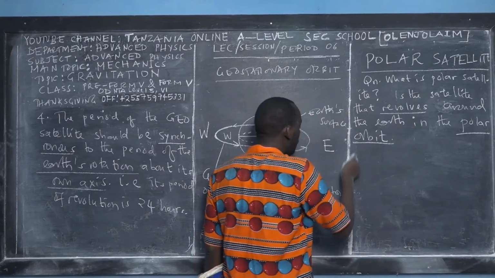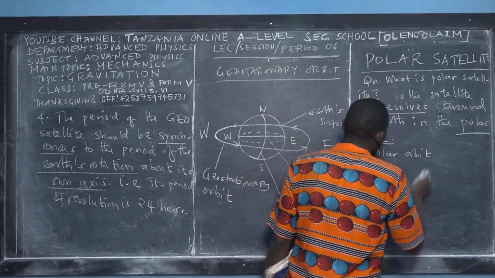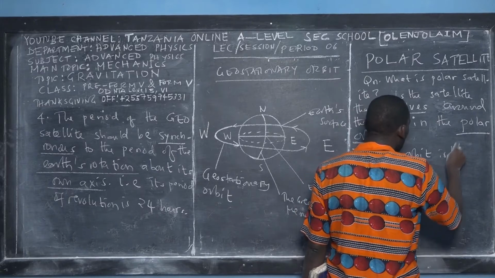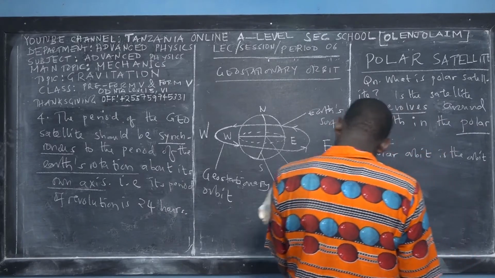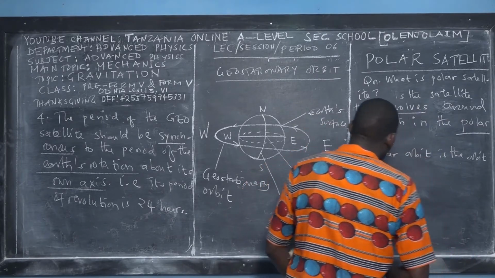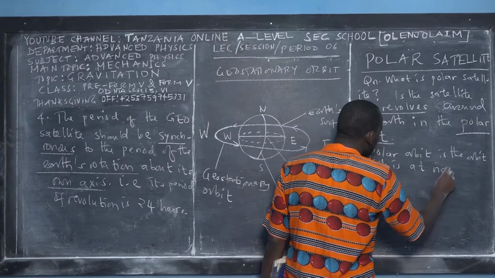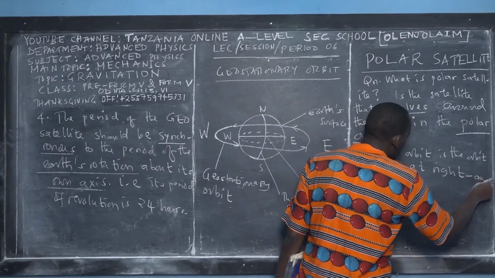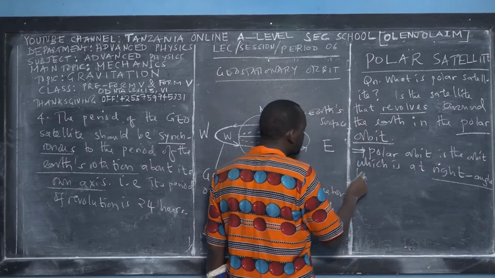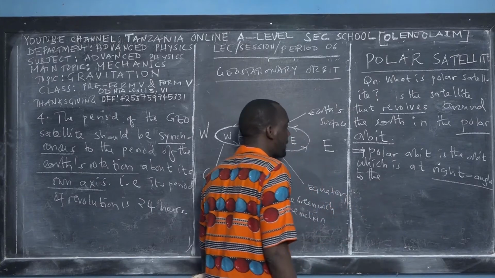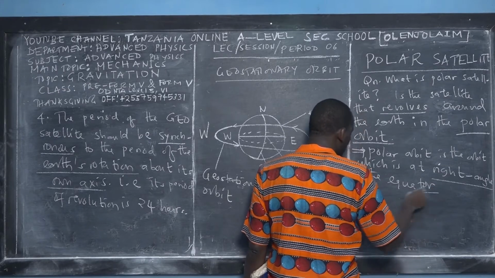It is the orbit which is at right angle to the equator, to the equatorial axis of the equator.